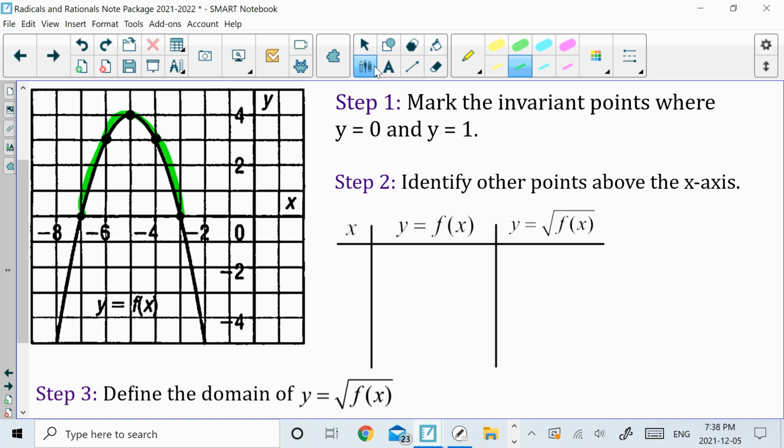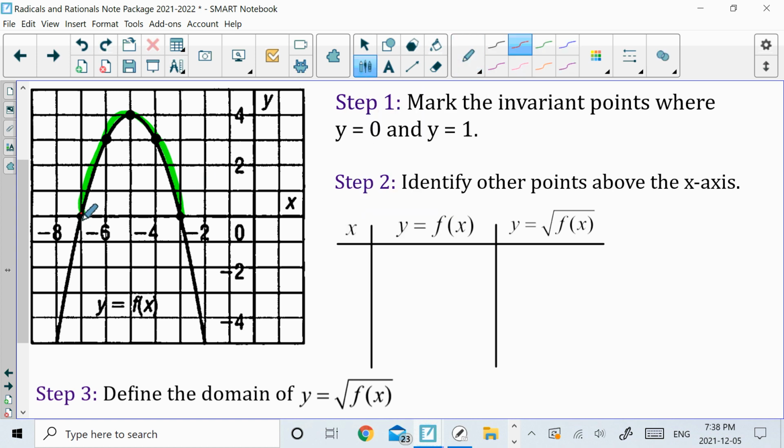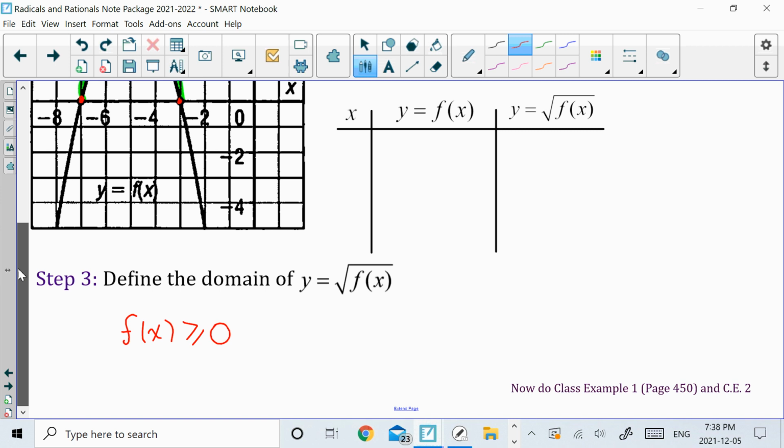So if I just mark it, the domain of my radical graph is going to be x less than or equal to -3, greater than or equal to -7. That would be the domain of this piece. So the domain of my radical function would be x less than or equal to -3, greater than or equal to -7.